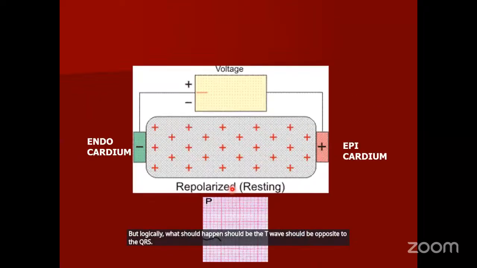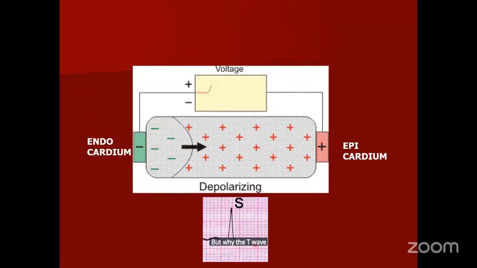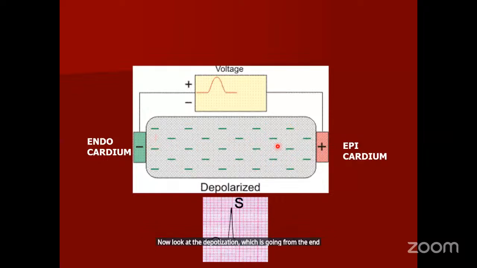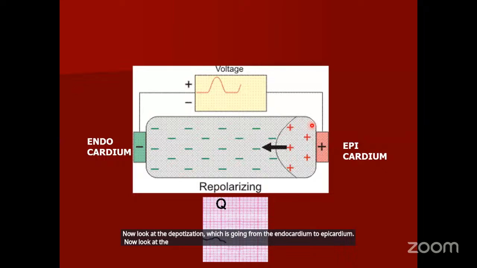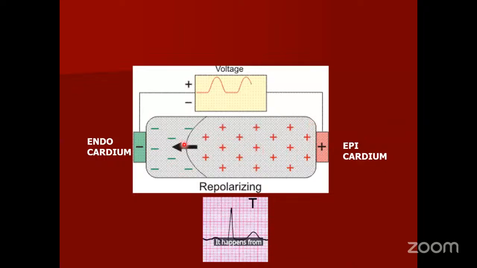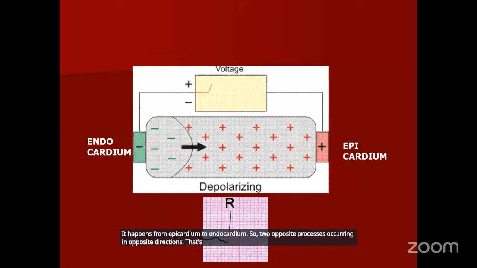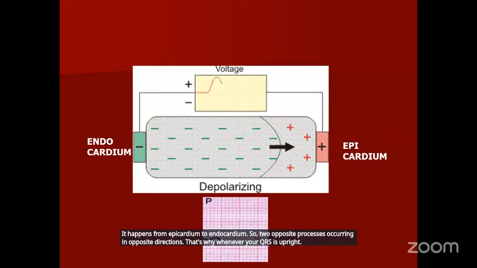So why is the T wave in the same direction as the QRS? Look at the depolarization, which goes from the endocardium to the epicardium. Now look at the repolarization. It happens from the epicardium to the endocardium. So two opposite processes occur in opposite directions. That's why whenever your QRS is upright, the T wave is upright.